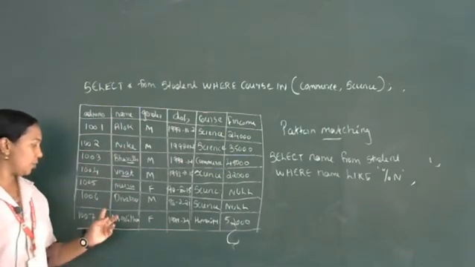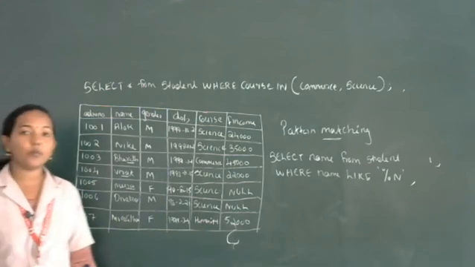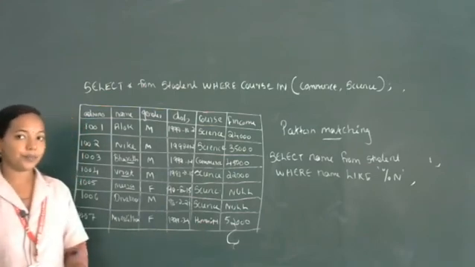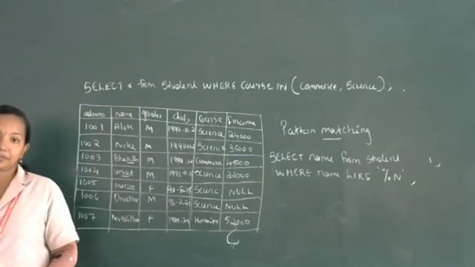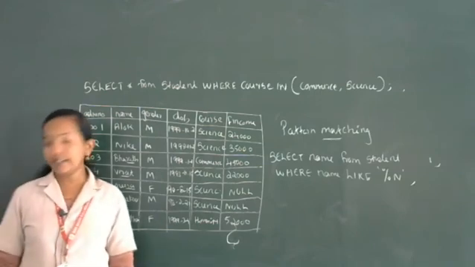Nike, 102, and also the 107 row will come as a result. So this belongs to pattern matching.